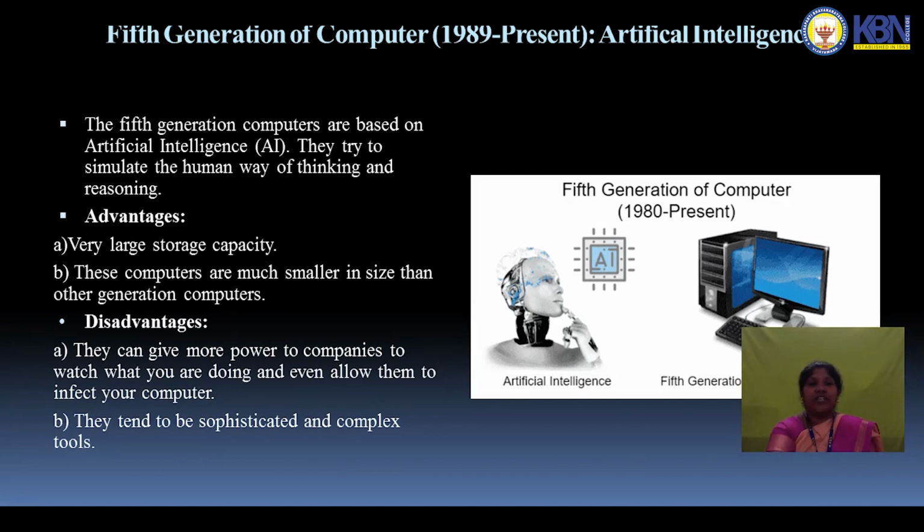In the disadvantages, they can give more power to companies to watch what you are doing and even allow them to infect your computers. So nowadays we are using this technology only. So many people are using these technologies only. They tend to be sophisticated and complex tools.